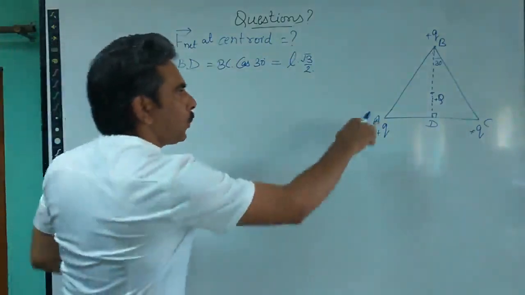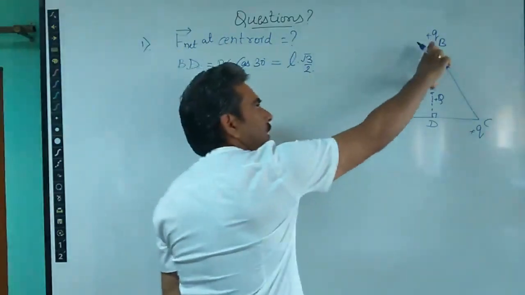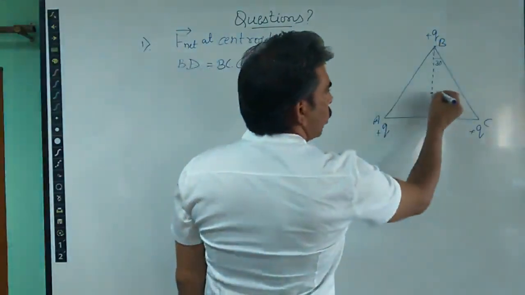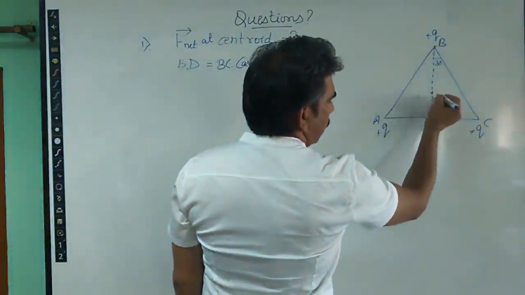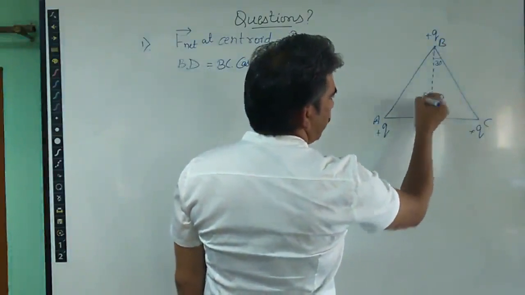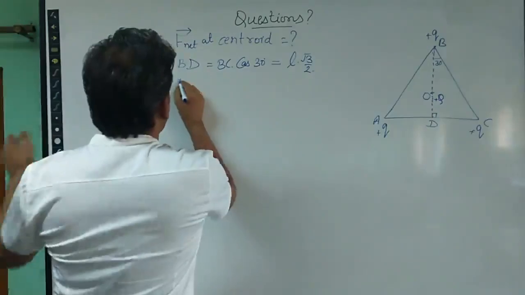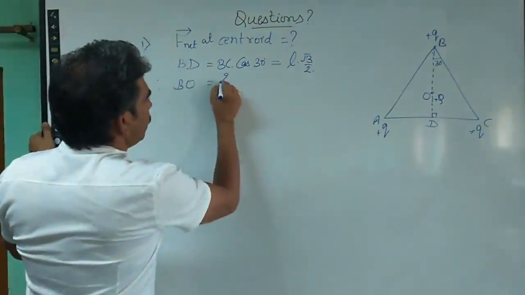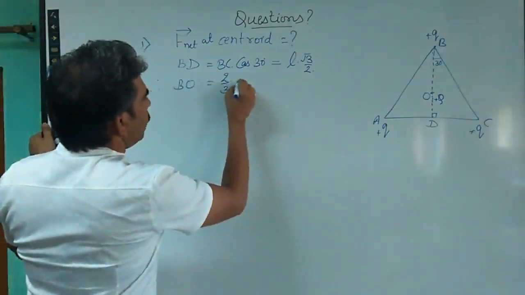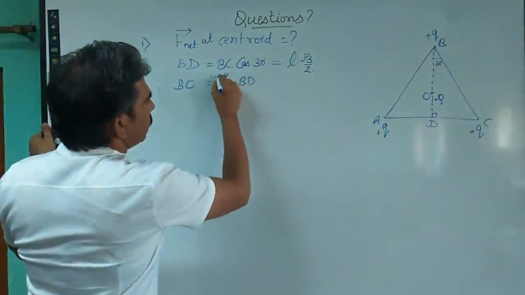And because we are interested only in this part, which is BO, the point of centroid, let it be given name O. So this BO, by mathematics, is equal to 2 by 3 into BD.